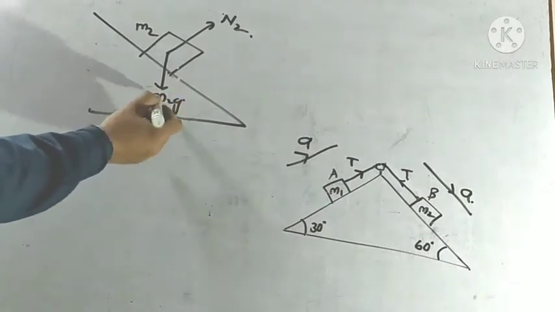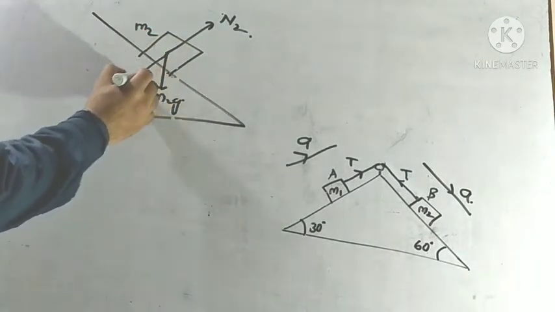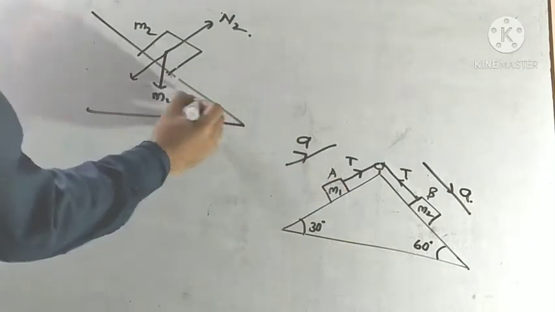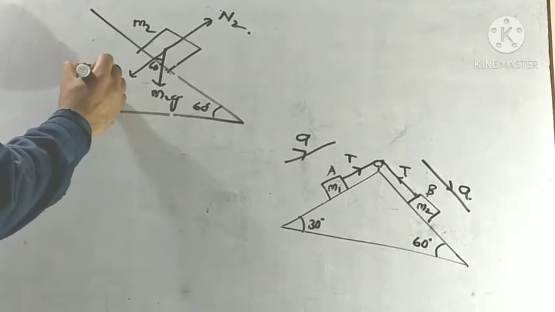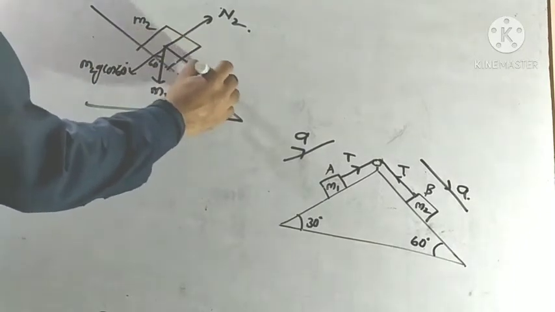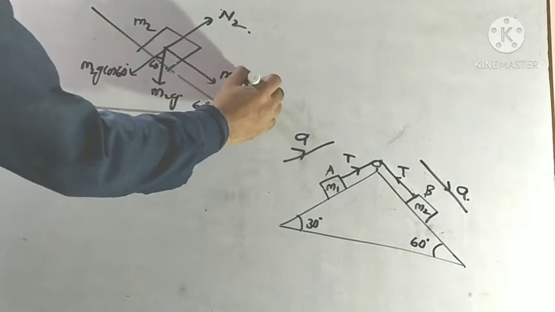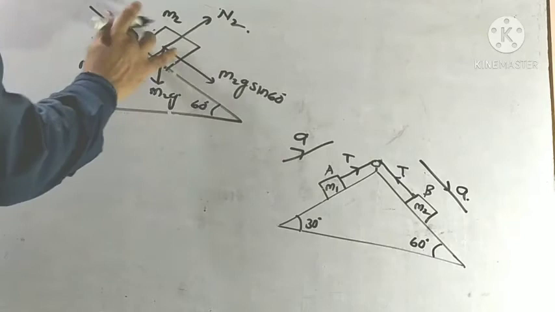We resolve m2g, I mean the weight of this body, into two components. Here the angle is 60 degrees, and this component is m2g cos 60, and another component is m2g sin 60 degrees. And there is tension T in the string.